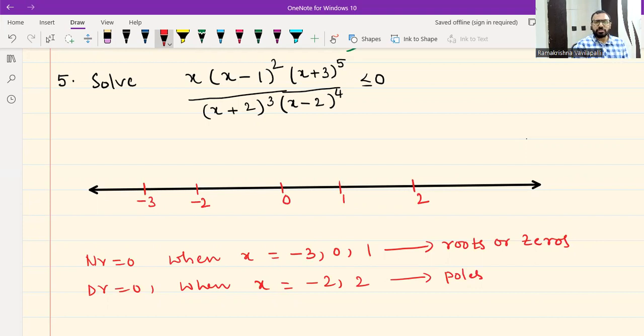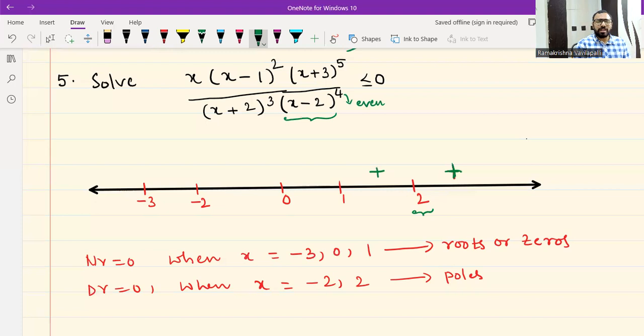So always keep the positive sign in the rightmost. Now here we have a 2. This is corresponding to x minus 2 power 4, so this is an even number. I told you that when an even number comes, there is no sign change, so you have to put the same sign, positive.